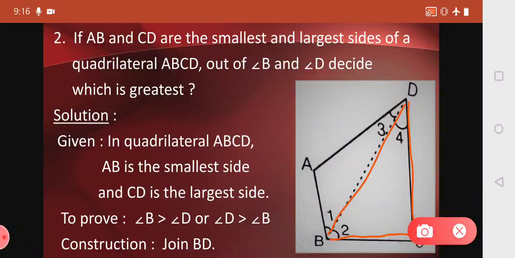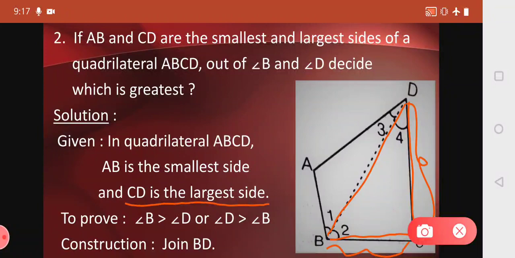Again, CD will be greater than BC. Why? Because it is given that CD is the longest side of the quadrilateral. So naturally, if CD is the longest side, the remaining three sides will be smaller than CD. So CD is greater than BC.